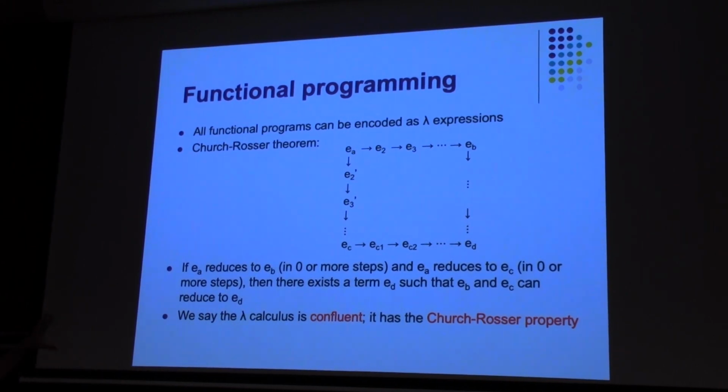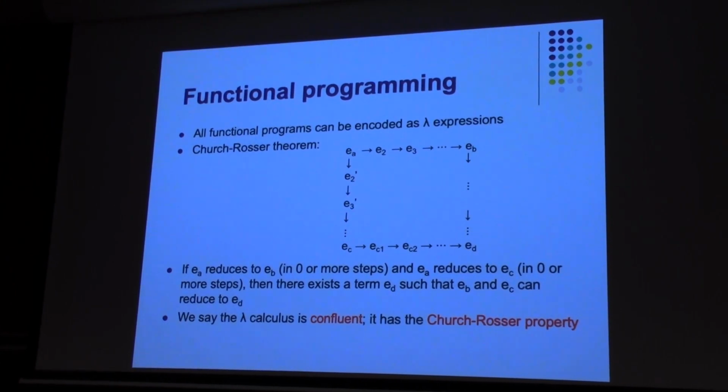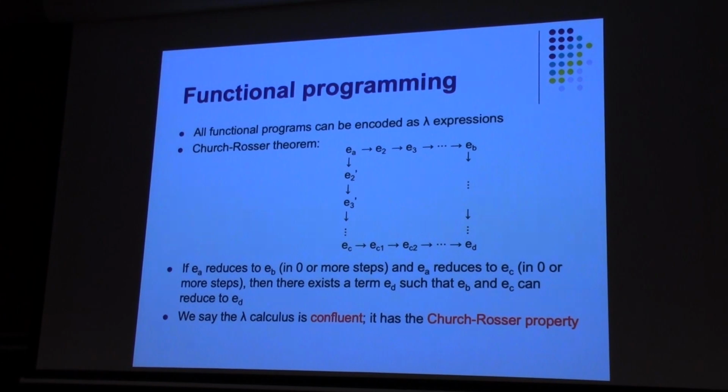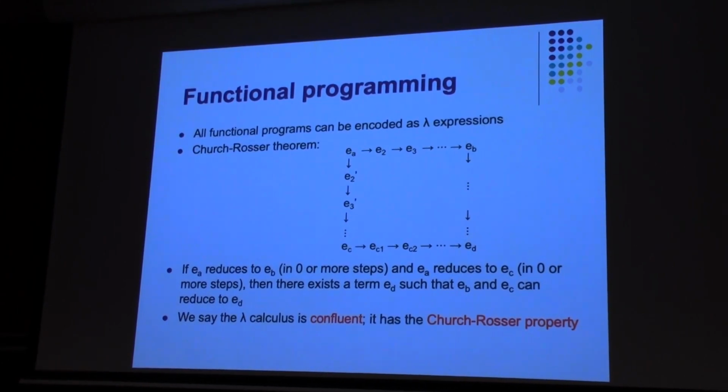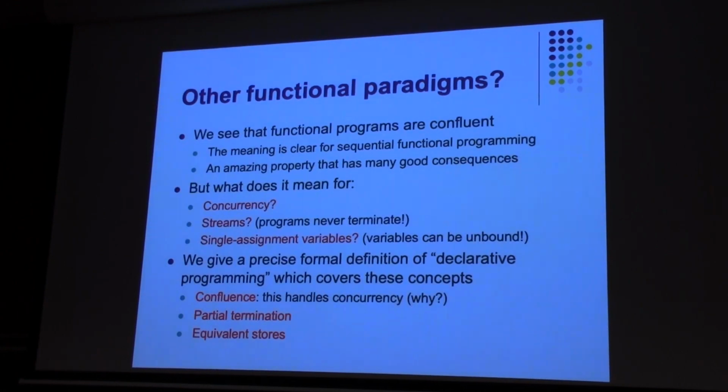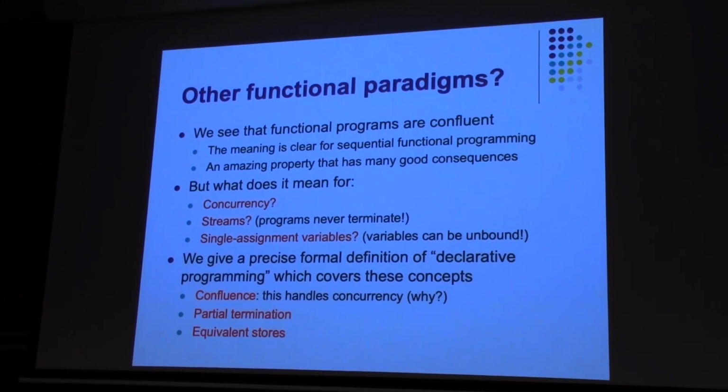So this is lambda calculus. Now the question is, how does this go to all these other neat paradigms that we did, deterministic data flow, and so on? So what happens there? We see that pure functional lambda programs are nice, confluent. It's a nice property, and it's very strong, and the whole edifice is built on it.